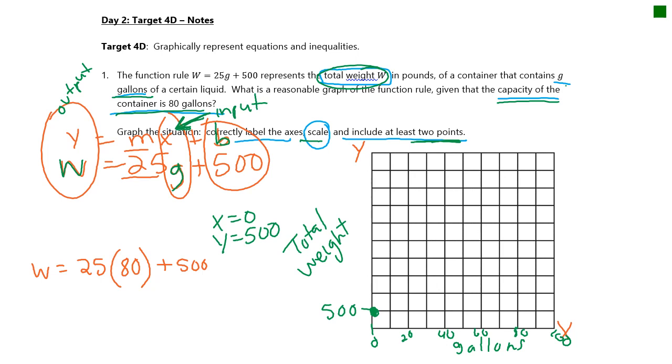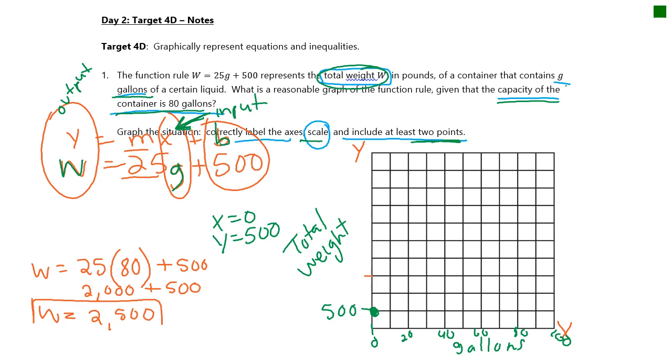So 25 times 80 gives me 2,000, plus 500 gives me a total weight of 2,500. That means that when I have 80 gallons, my total weight is 2,500, so my total weight has to go to 2,500.